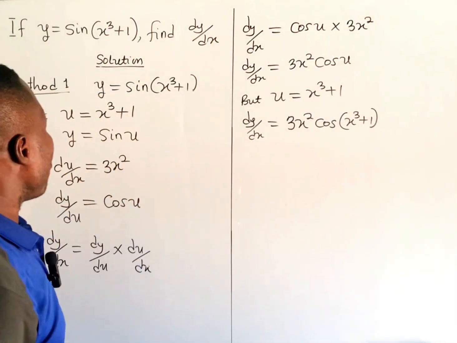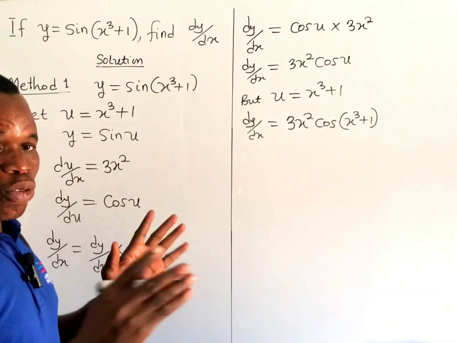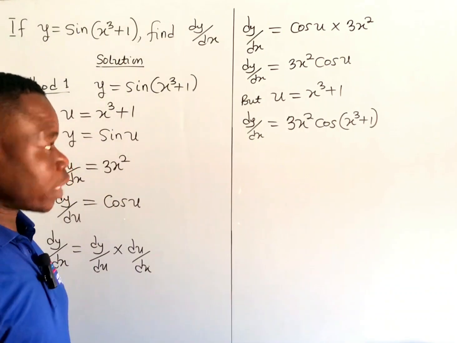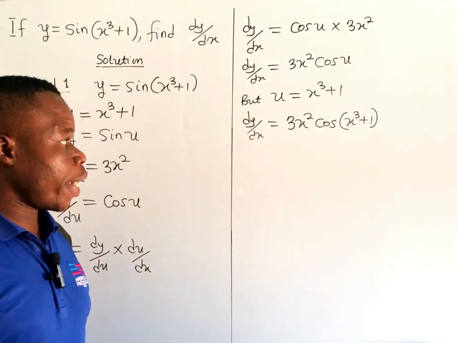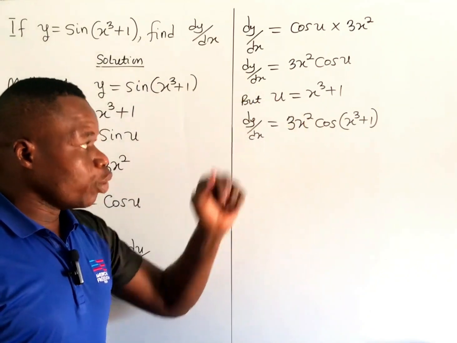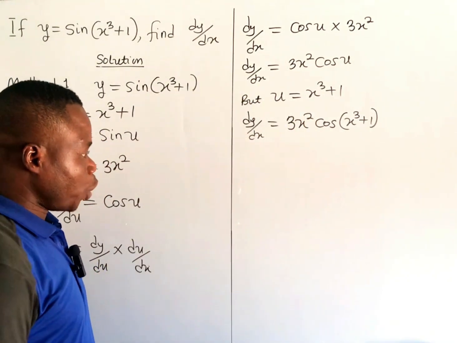And this is how we solve questions of this nature on the theory side. If you want to show working for your marks, the dy dx value for this equation is 3x squared cos of x cubed plus 1. Now, let's use method 2.